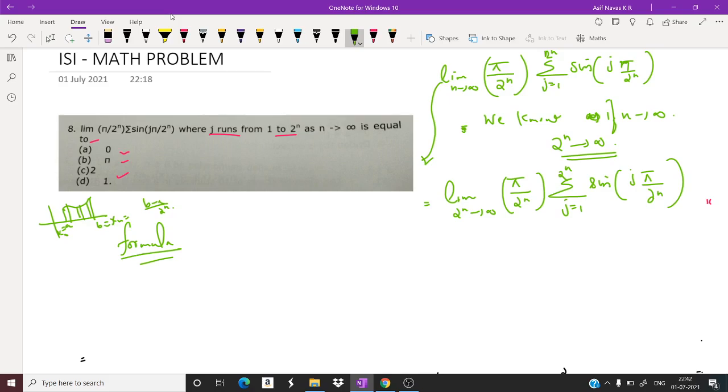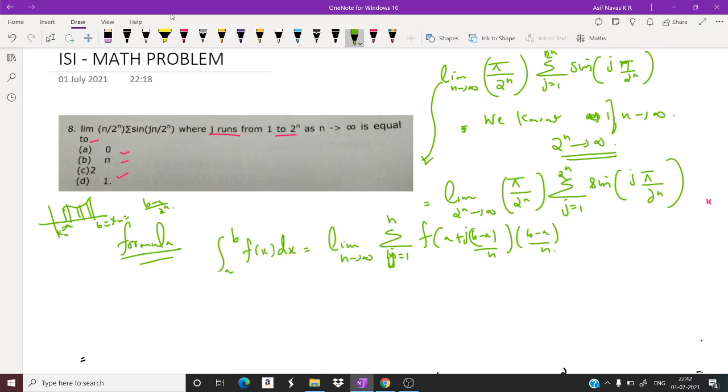So the formula we have for the integral from a to b, that means the Riemann sum, is limit n tends to infinity summation j equal to 1 to n, f of a plus b minus j times b minus a by n into b minus a by n.